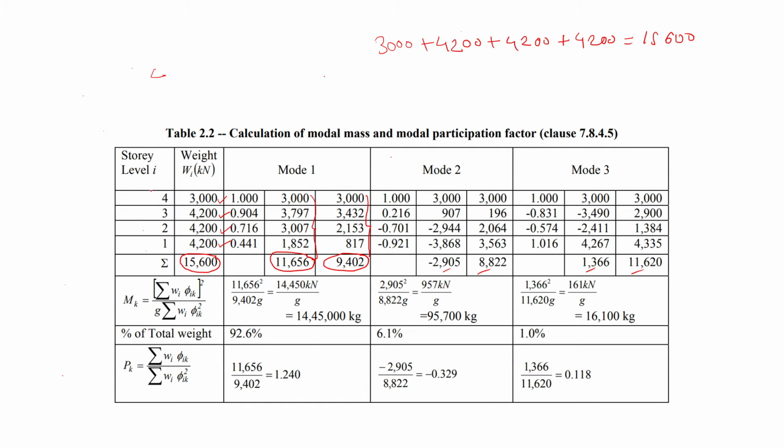Now we are going to calculate Mk, that is the modal mass. I have written here the formula. Mk is equal to the summation of wi phi i, whole square, divided by the summation of wi phi i square, into g.